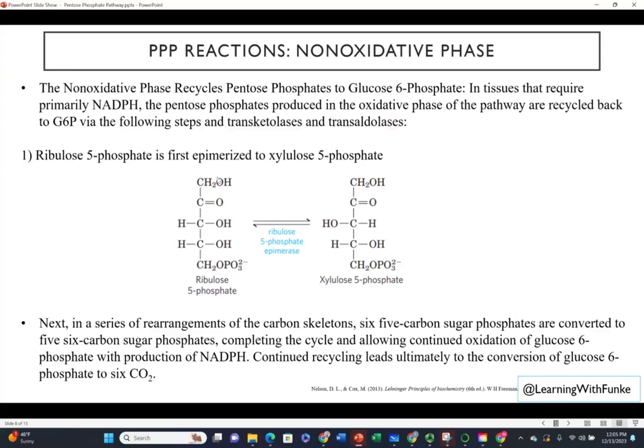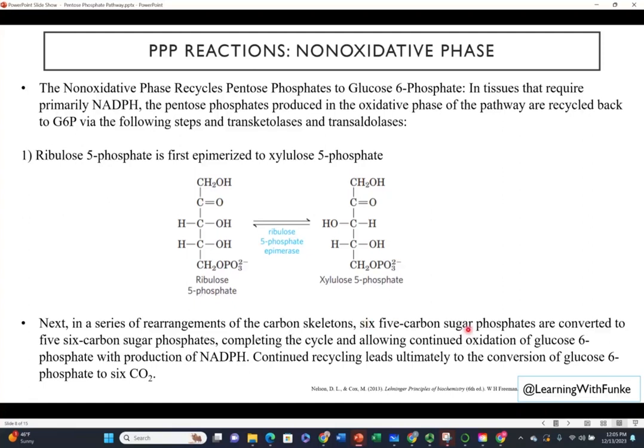In the first step of the non-oxidative phase, we start with ribulose 5-phosphate, catalyzed by ribulose 5-phosphate epimerase, and that gets converted to xylulose 5-phosphate. It's going from 5 carbons still to 5 carbons, but that's just catalyzed by this epimerase enzyme. And then after this first step, we have a series of rearrangements of the carbon skeletons.